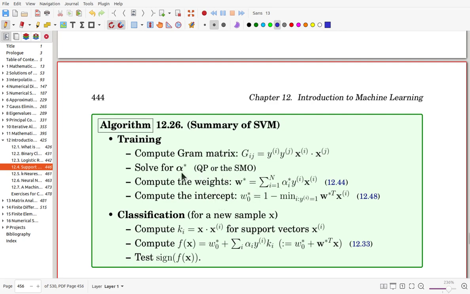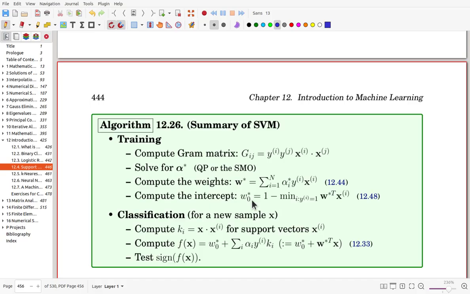After finding the optimal values of alpha, we can compute the weight by using the first KKT condition, and by considering only the positive side, we can decide b in the optimum.